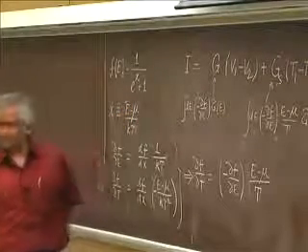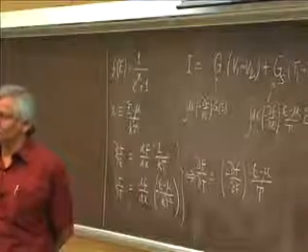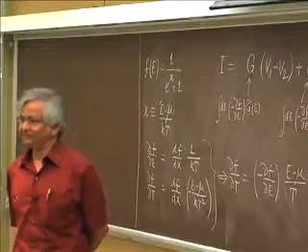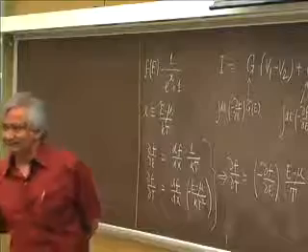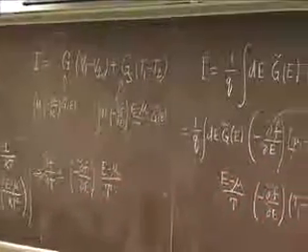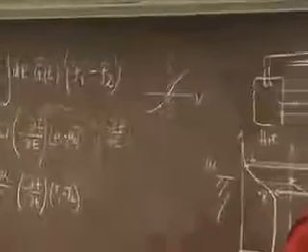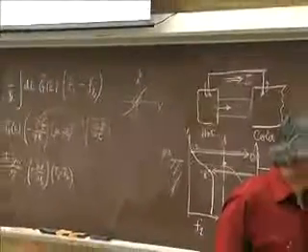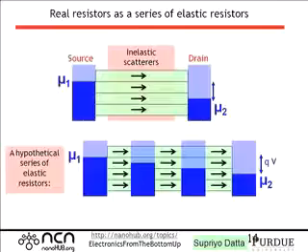Now most resistors, of course, usually are linear far beyond 25 millivolts. Why is that? That has to do with the subtleties of what I said earlier: when you have a real device, how do you justify using the elastic scatterer model?